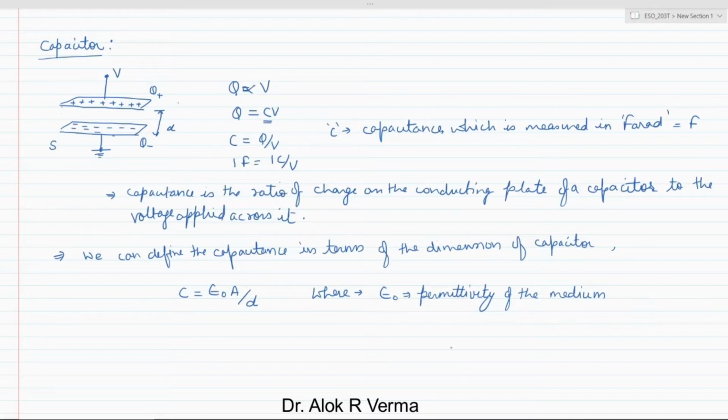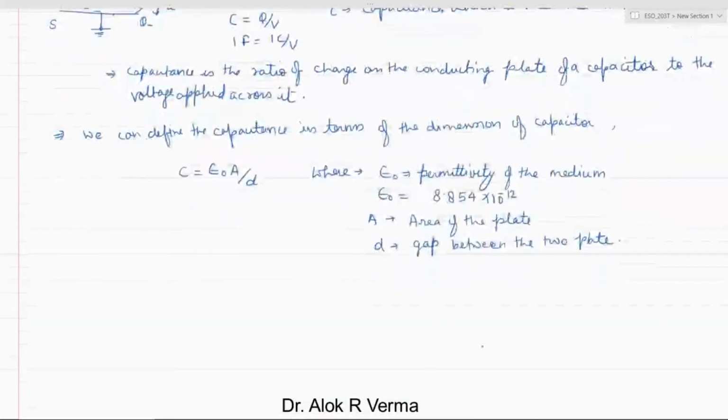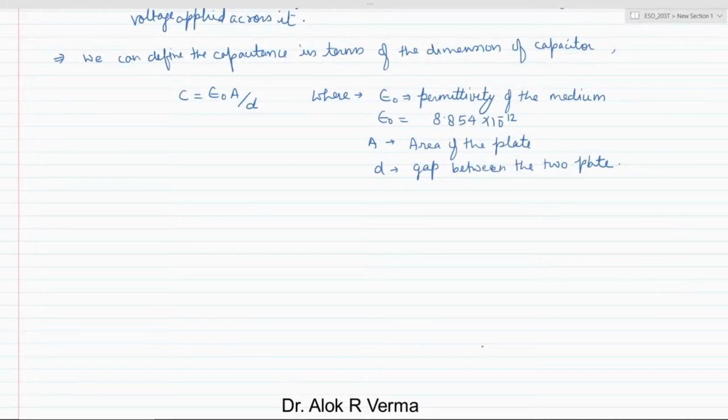Here, if it is air, epsilon naught for air is 8.854 into 10 to the power minus 12, and A is the area of the plate, and d is the gap between the positive and the negative plates of the capacitor. I forgot to mention the unit: it is farad per meter.